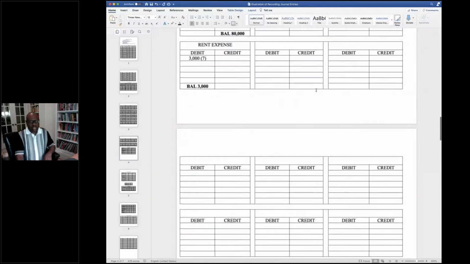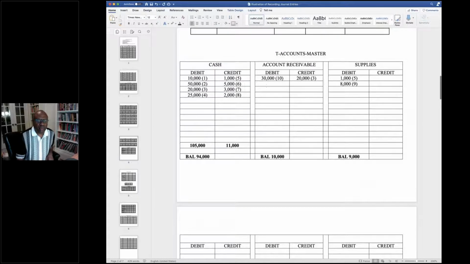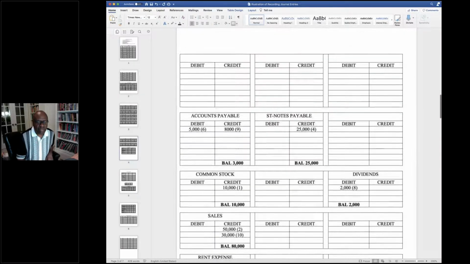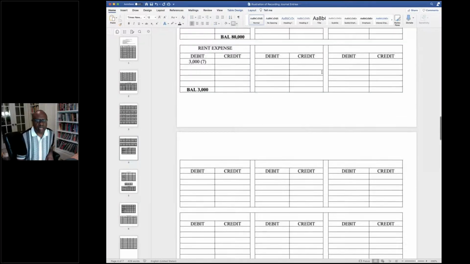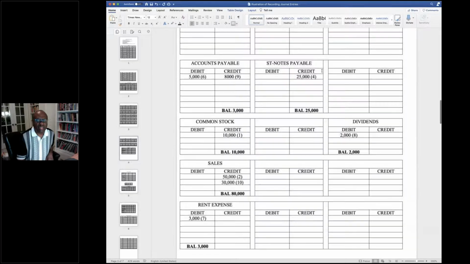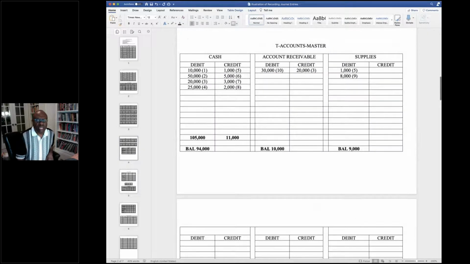So let's look at what we're going to do. We're just going to go account by account. Cash is 94,000. We're going to bring the 94,000 down for cash on the debit side, since that's where the balance is. Looking at our other two assets, accounts receivable 10,000, supplies 9,000.